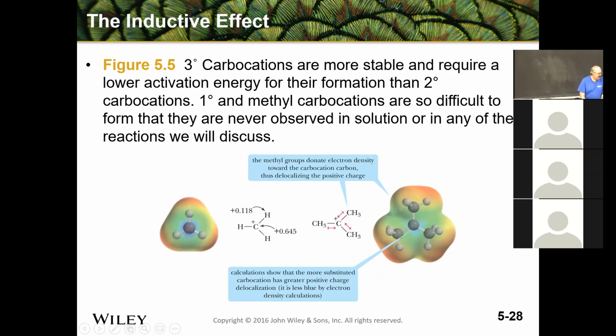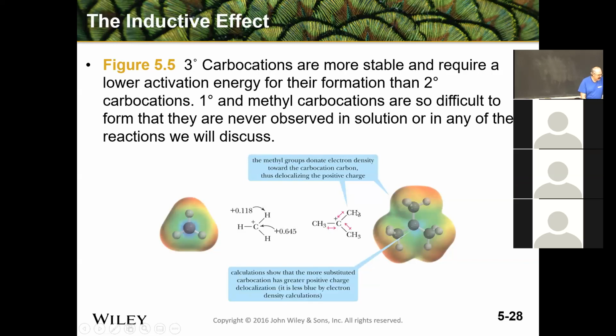So what's happening here is, on the left we have a methyl carbocation, and it's pretty unstable. You can see they've shown the charge distribution, the charge separation.